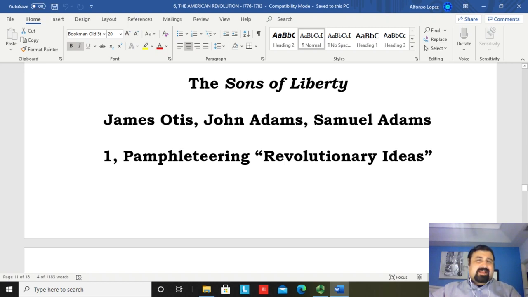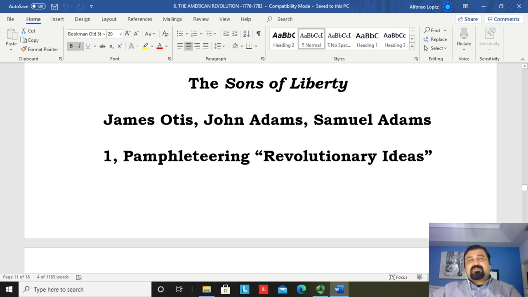They were very active in rallying people to the cause of independence, but initially what they were actually doing was simply rallying the masses against the Navigation Acts. At this point we're not really talking about independence, but rather creating a resistance against the Navigation Acts.